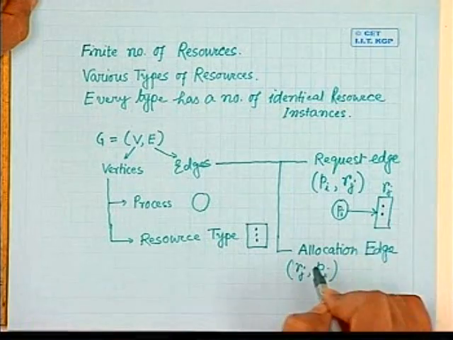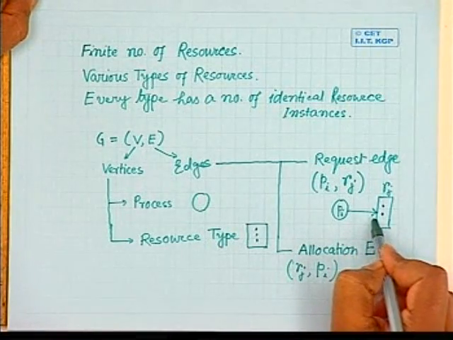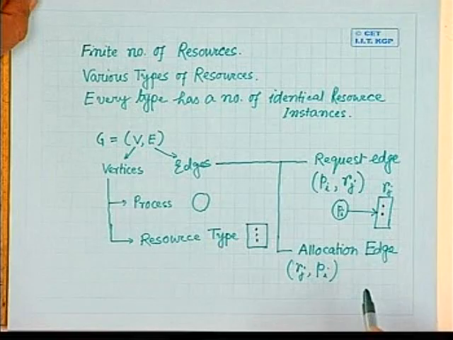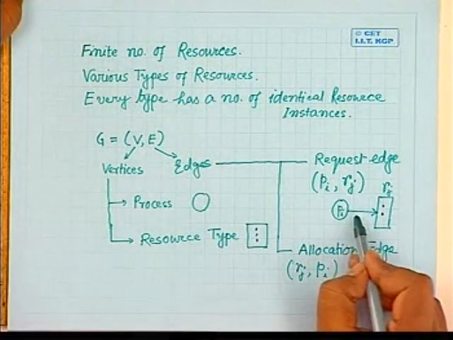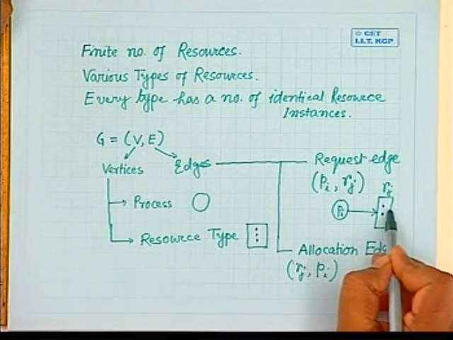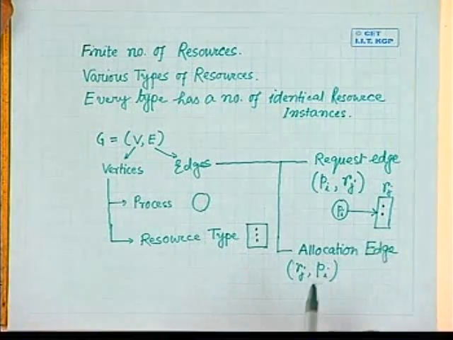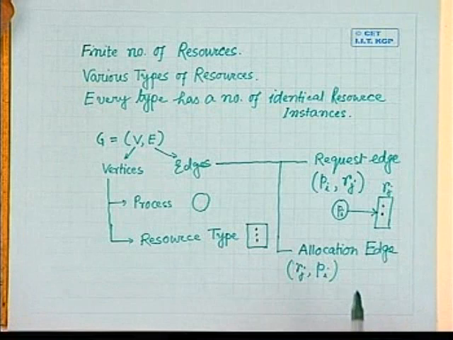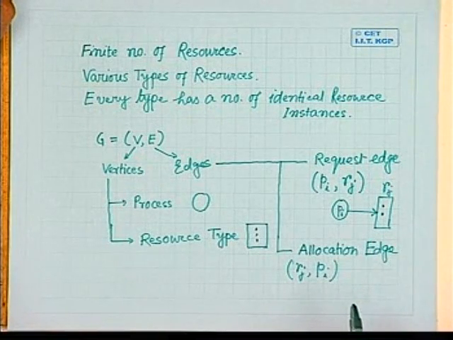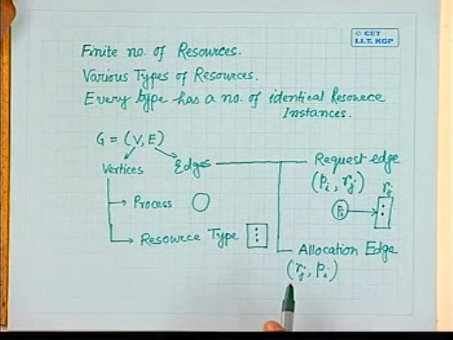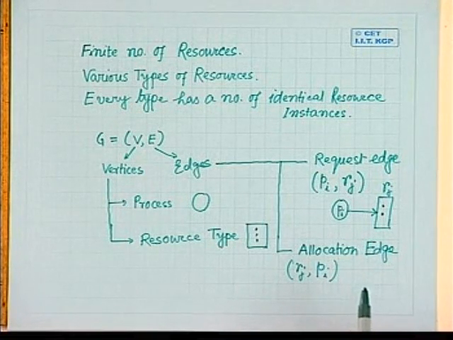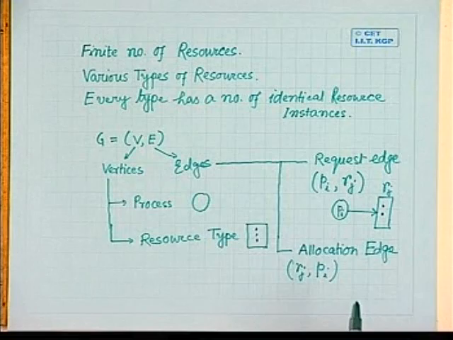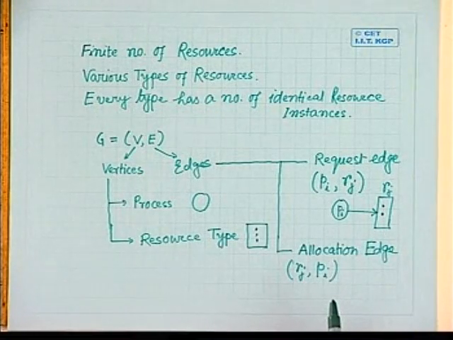And just having an allocation edge from resource type Rj to process Pi is not sufficient, because when the process has requested a resource, it does not know which instance of that resource type will be allocated to the process Pi. But when the allocation is actually made, it is no more indefinite. It is a particular instance which is allocated to the process.